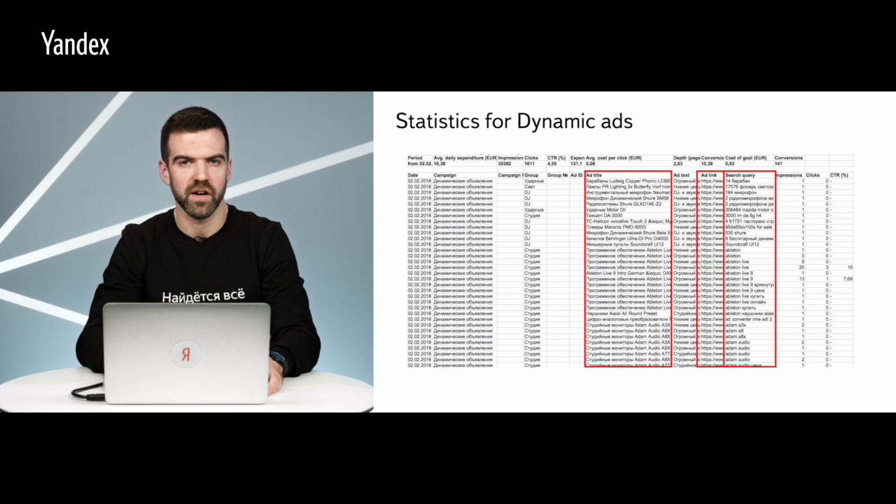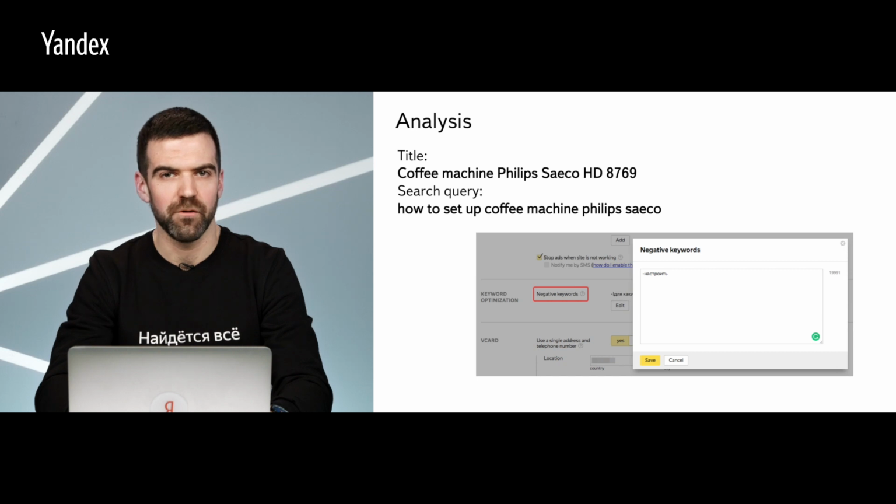Checking search queries provides valuable information that you can use to make your negative keyword list more complete and make sure that your dynamic ads don't appear for irrelevant search queries. So, if we see Philips Seiko HD8769 in the report, and the query setup coffee machine Philips Seiko, the keyword coffee machine Philips Seiko is most likely the one that the robot picked out.